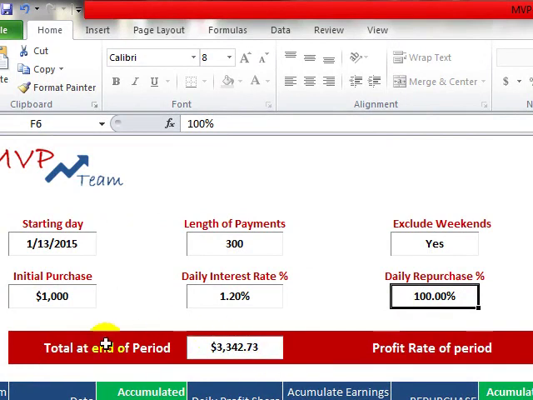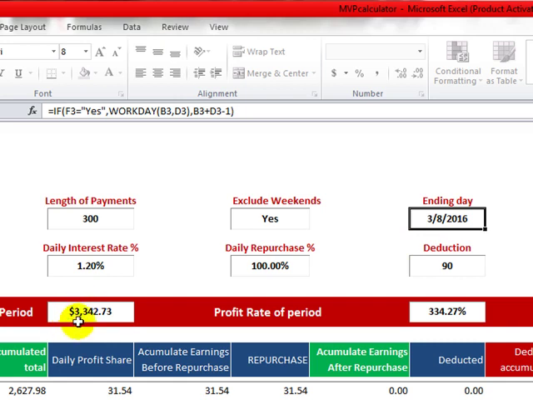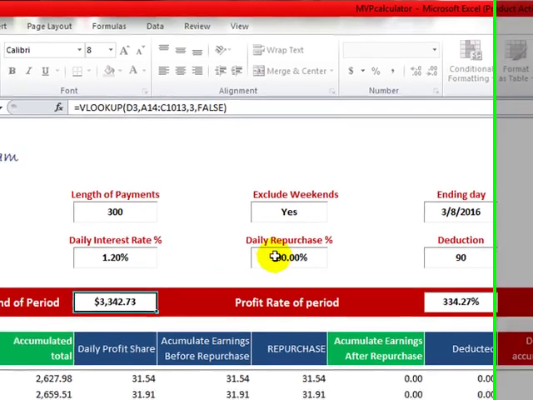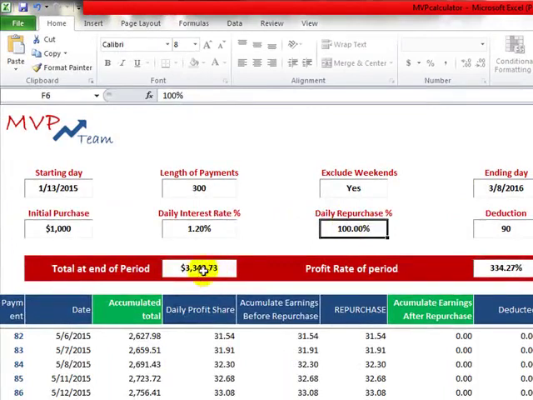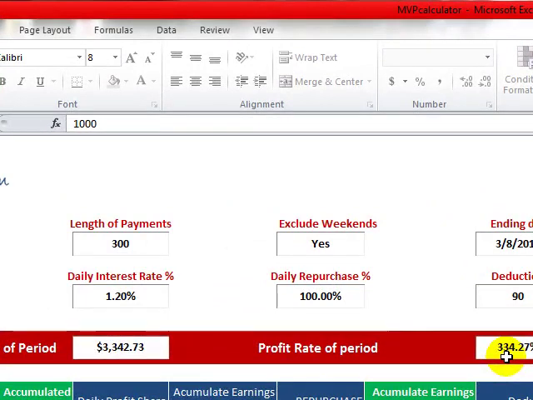So let me show you how to read this. Total at the end of the period, if you were to leave it in there for 300 payments, on March the 8th, 2016, without taking out a single dime, that's at 100% repurchase, your 1,000 will grow to 3,342, which is a profit of 334%. Okay, so that's amazing.